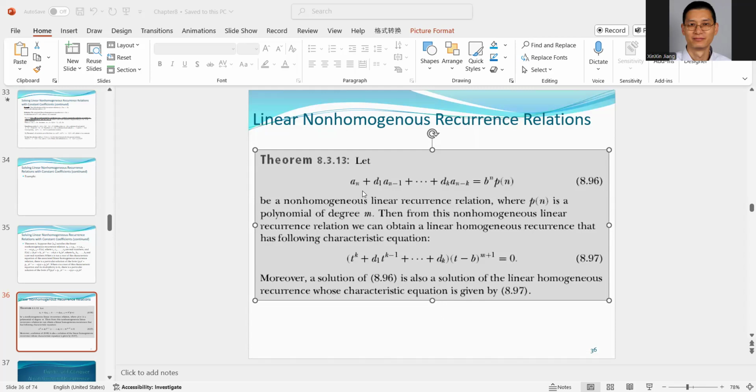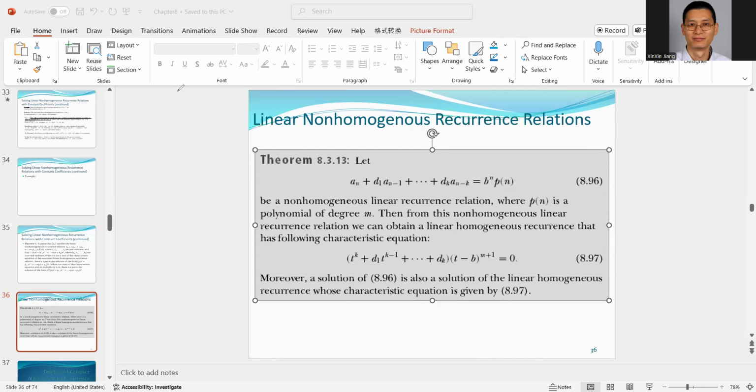You look at the left side, which is the homogeneous part, with the degree of the recurrence relation being k, and then the right side has the form of a polynomial p of n times b to the n. In the example we have earlier, p of n is 2 times n and b is 3.